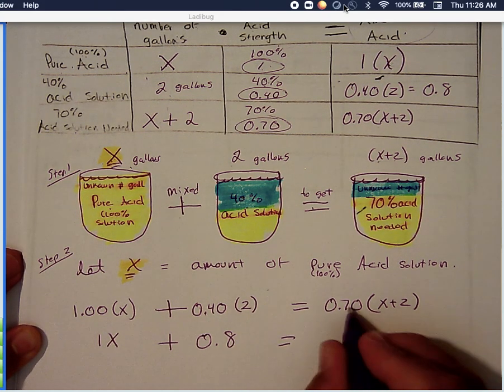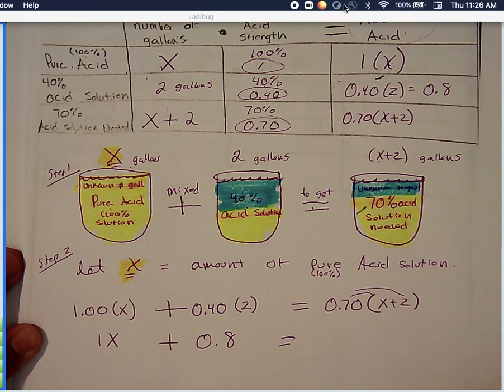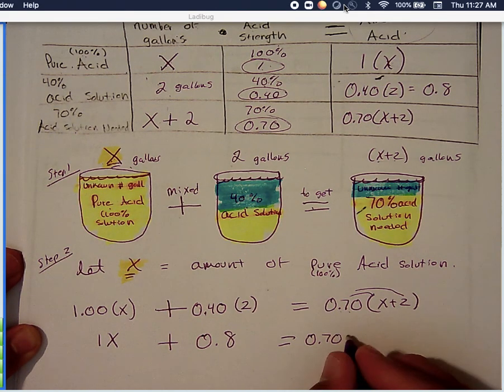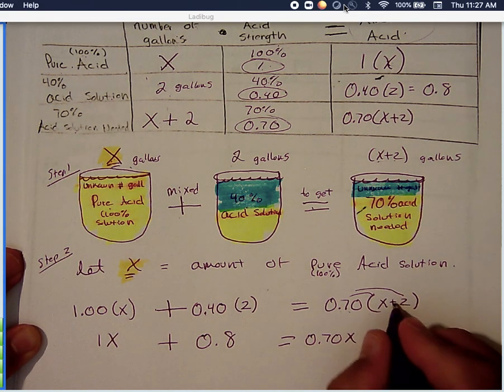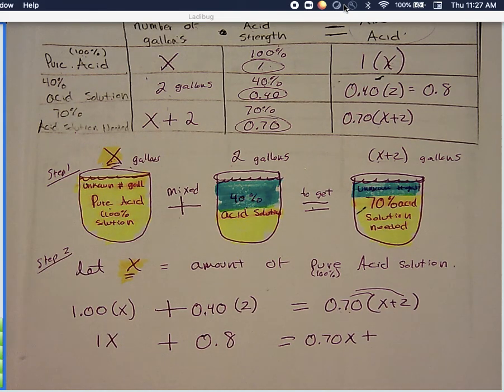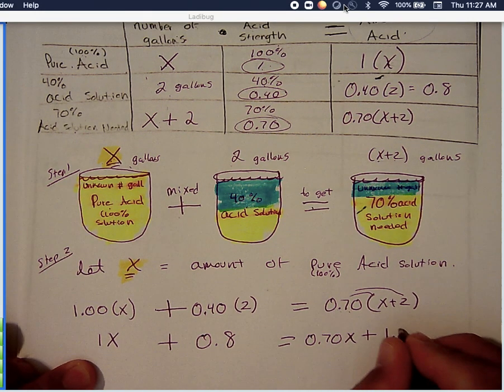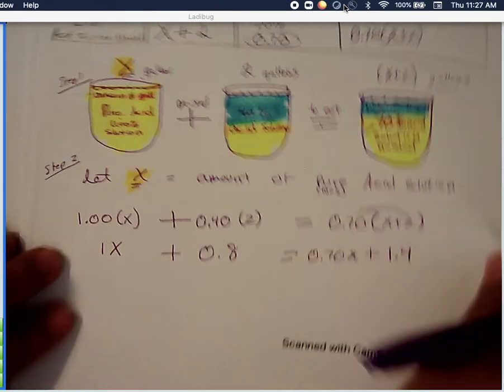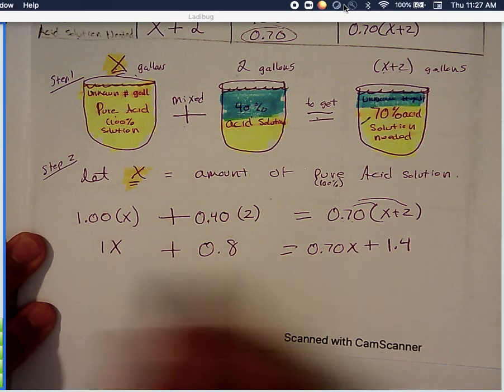When you multiply, so here you're going to distribute 0.70 times x, so you're going to have 0.70 times x plus 0.70 times 2, which gives you 1.4. Okay, so now we can combine like terms.